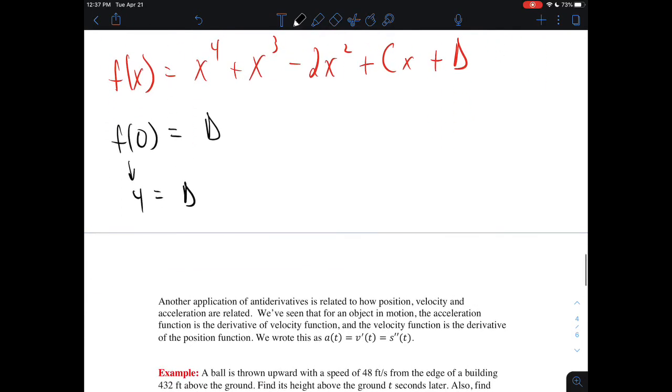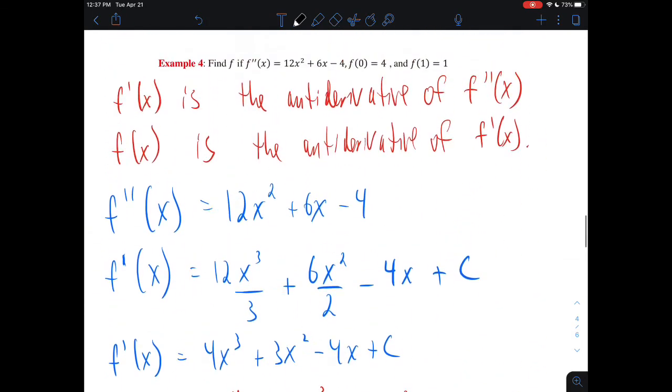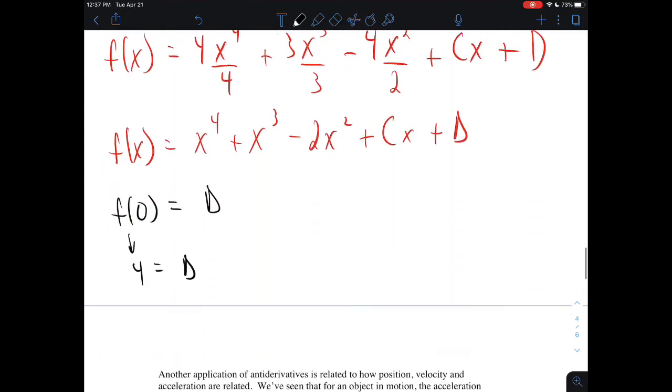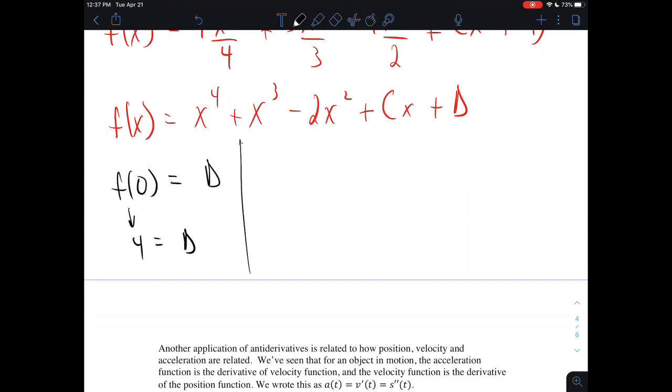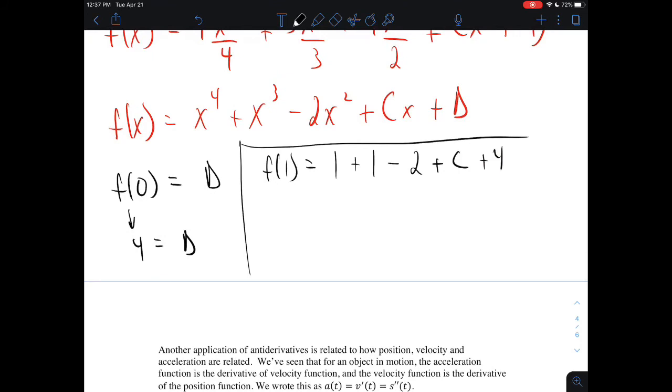And then I'll also use that f of 1 is 1. So f of 1, that would be 1 to the fourth, which is 1, plus 1 to the third, which is 1, minus 2 times 1 squared, which is minus 2, plus c times 1 is c, and then plus d, but we already know that d is 4.